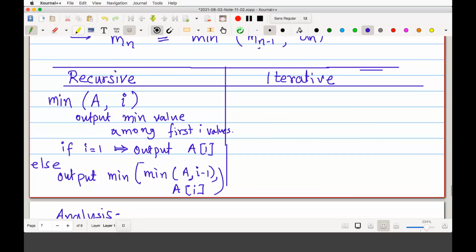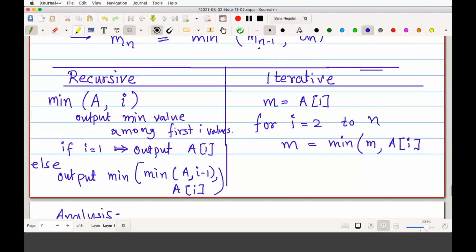You also know an iterative implementation of this idea, which is basically that you keep a variable m, initialize it as the first entry, and then go into a for loop for i equal to 2 to n, and keep updating m by taking the minimum of the current value of m and the next entry of the array, ai.